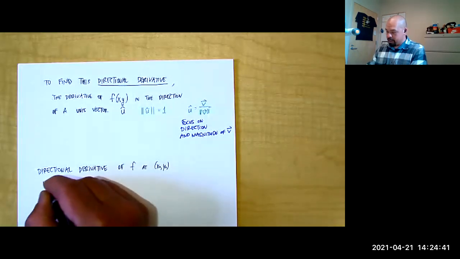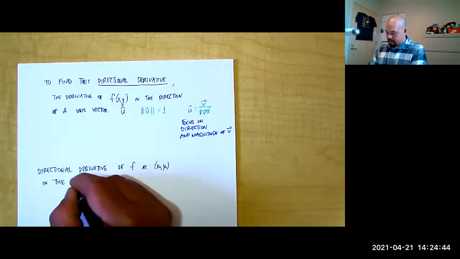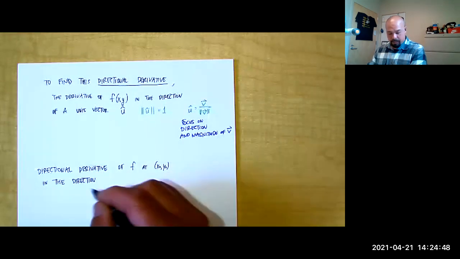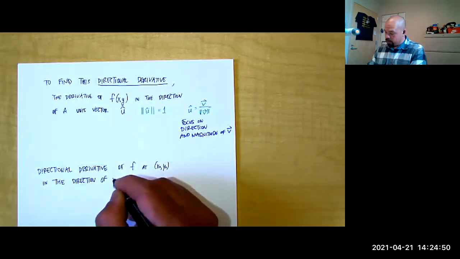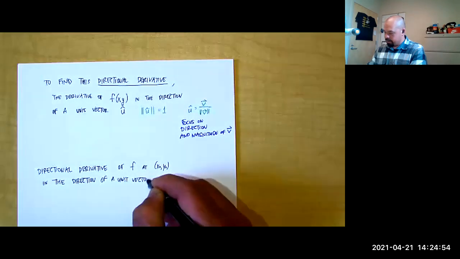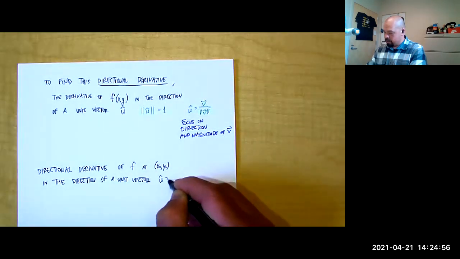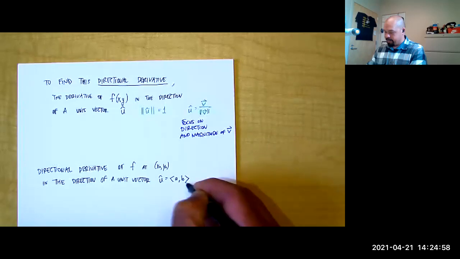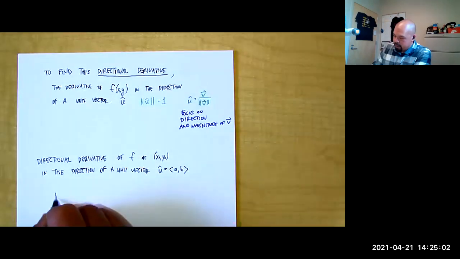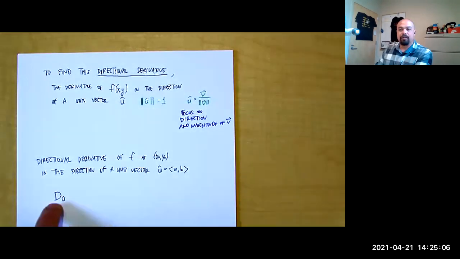In the direction of a unit vector, u, components a, b. I'm getting this language from the textbook. Notation wise, this capital D sub u, right? This is our differential operator, that derivative.